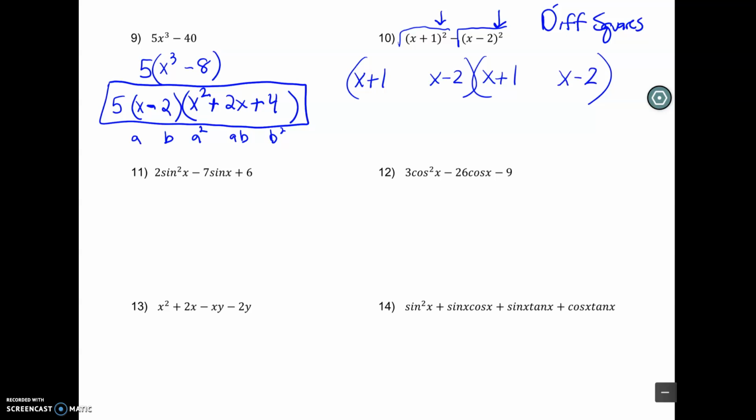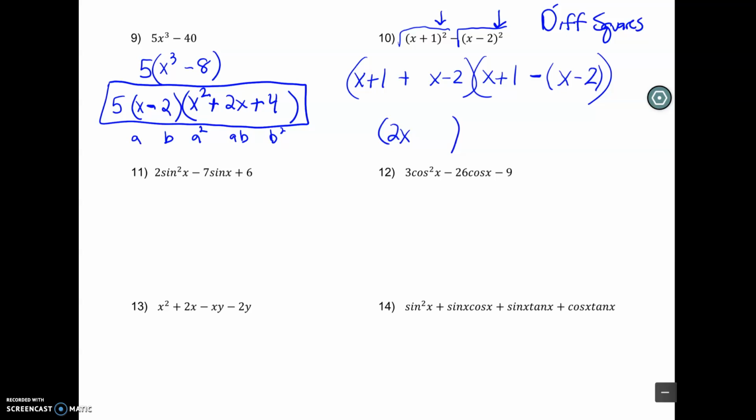But here's the piece where there's one extra step. We have to do 1 plus and 1 minus. And on that minus, we got to make sure that we distribute that negative to both the x and to the negative 2. So when we clean this up, because now we've factored it, we're done, but we can simplify it. What I mean is, in this left side, do you notice how we have x and x to make 2x?